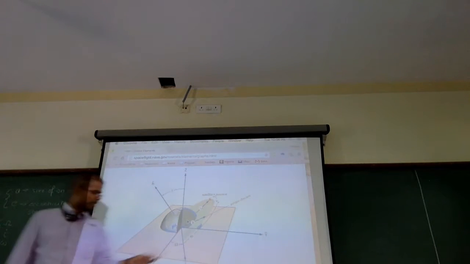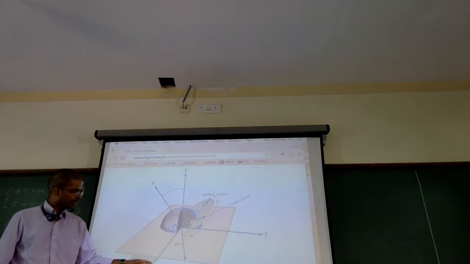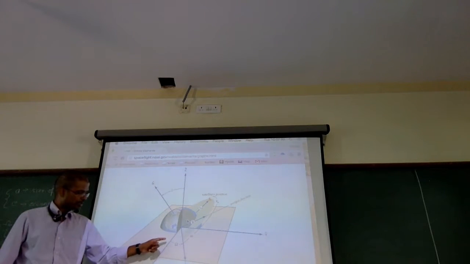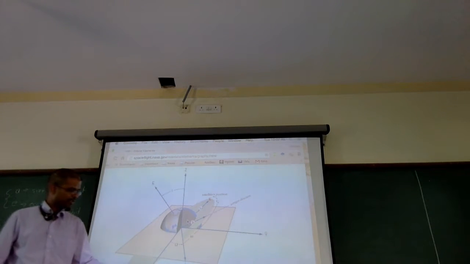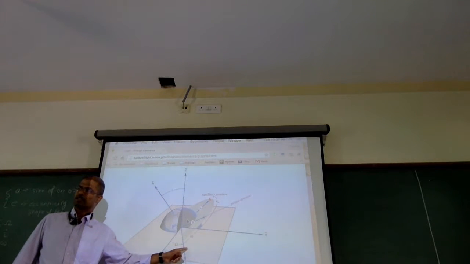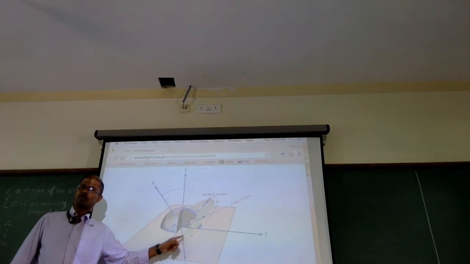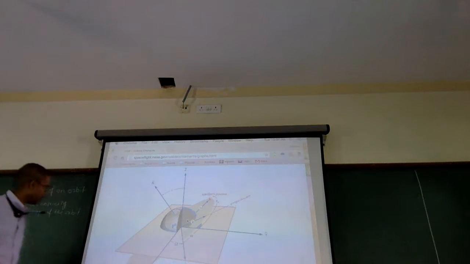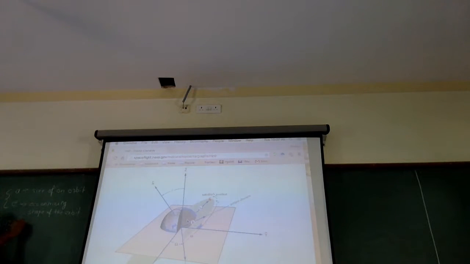The angle made between the x-axis and the ascending line of node is called the right ascension of the ascending node, R-A-A-N, Omega. For short it is called RAAN.